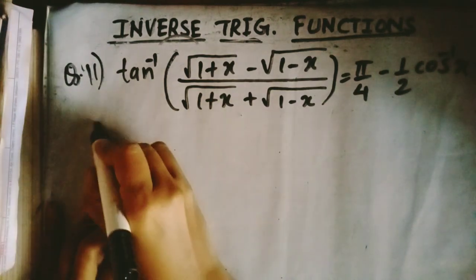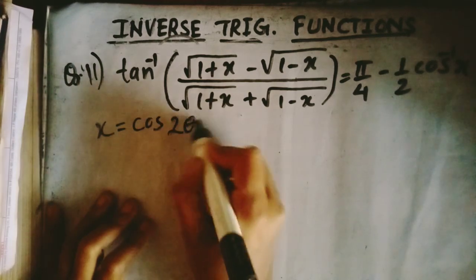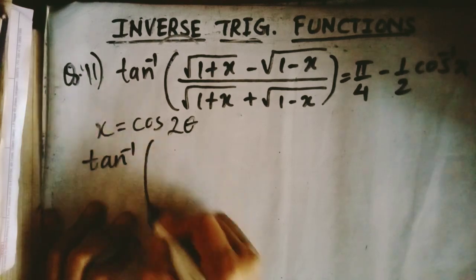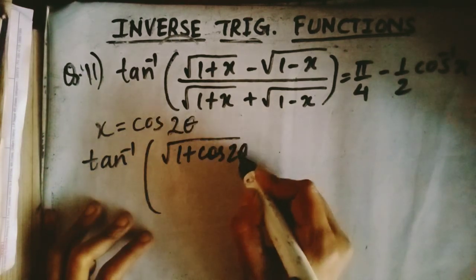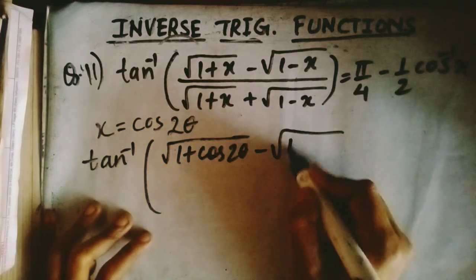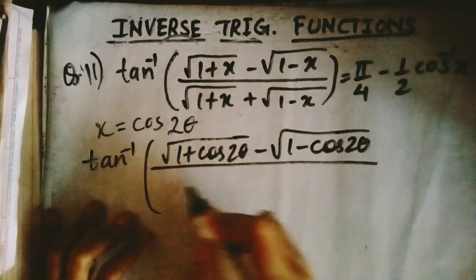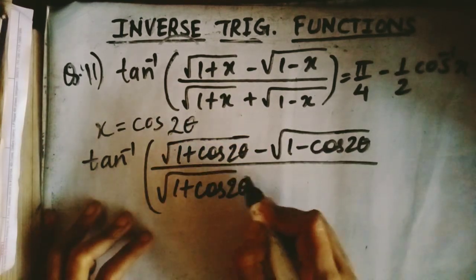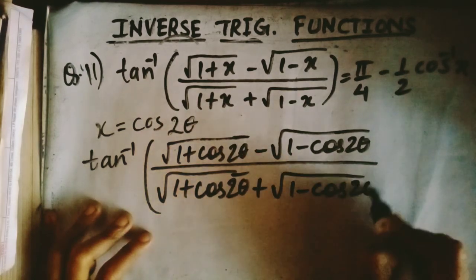So substituting x equal to cos 2 theta, tan inverse of root of 1 plus cos 2 theta minus root of 1 minus cos 2 theta upon root of 1 plus cos 2 theta plus root of 1 minus cos 2 theta.